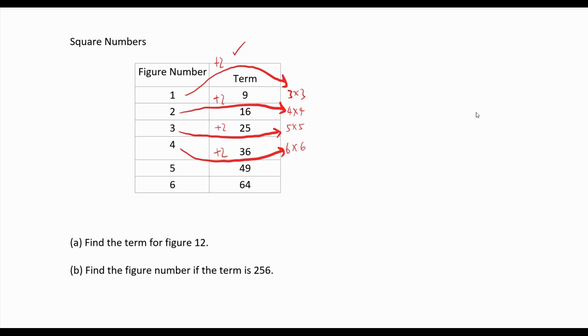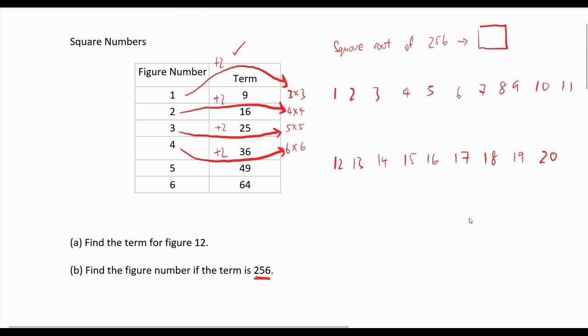We also need to know how to identify the pattern number if we are given the term. To find the pattern number for 256, we first find the square root. Let's start from 10. 10 times 10 equals 100, so that's pretty far off. Let's try 18. 18 times 18 gives us 324, which is too big.